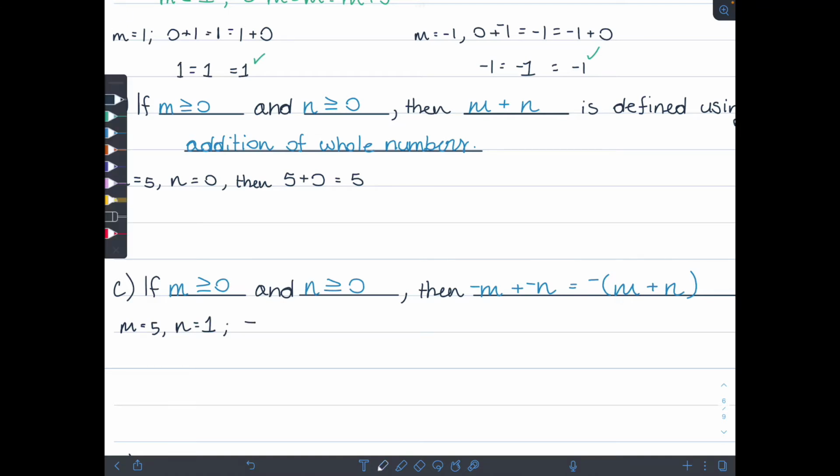So that means negative 5 plus negative 1 should equal negative parentheses m, did it again, 5 plus 1.